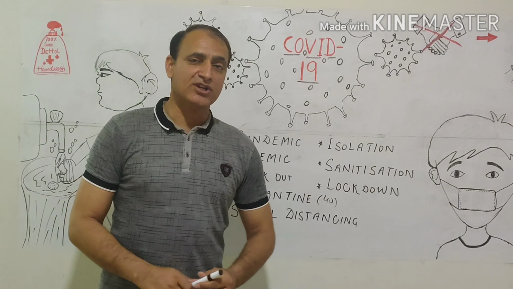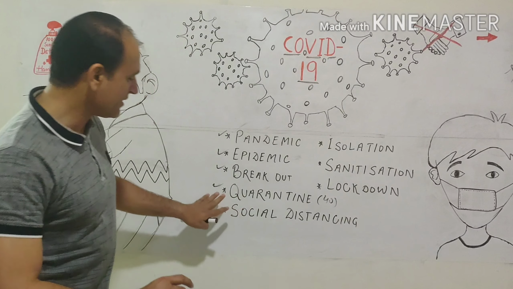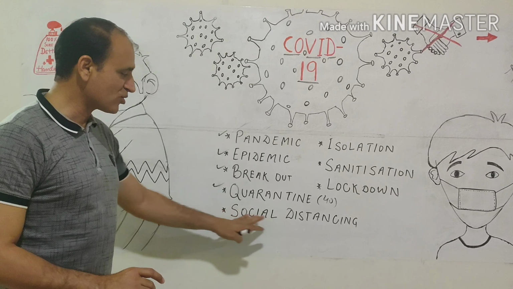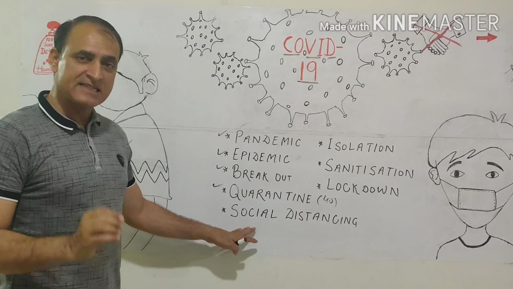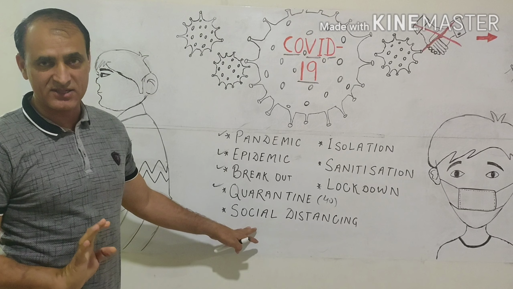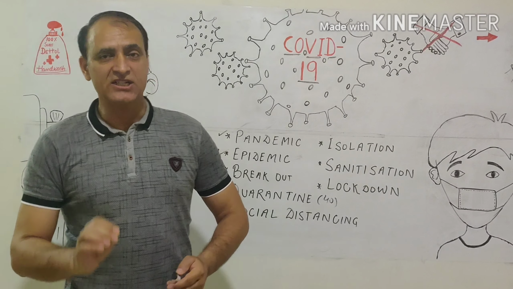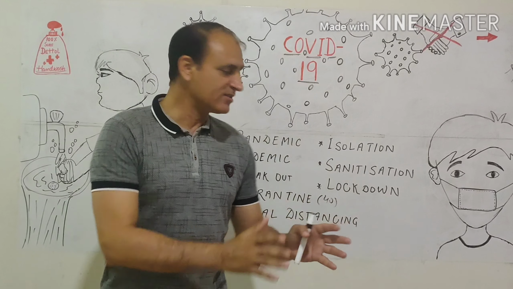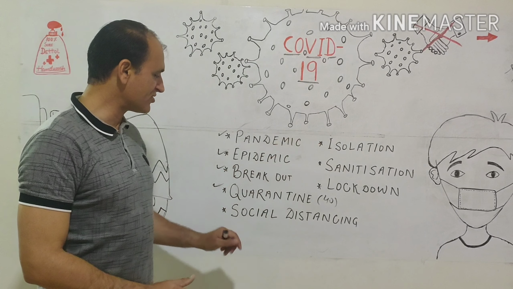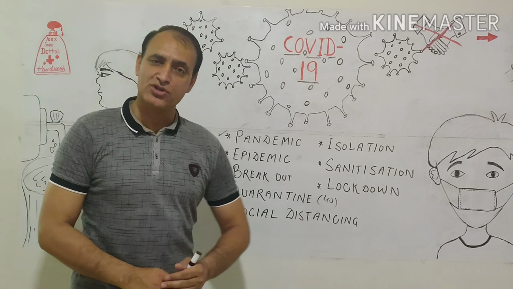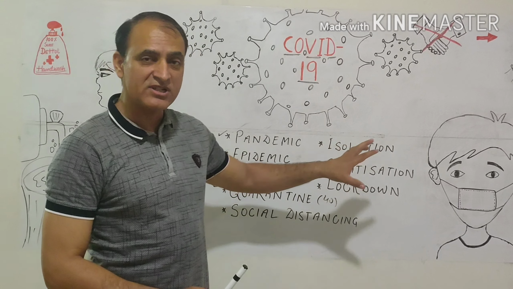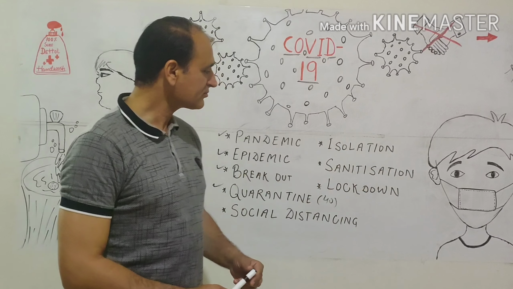But medical isolation means that in quarantine and social distancing, the case is not proved to be infected. But in medical isolation, through tests, it is proved that the person is infected. This is a little difference between isolation, quarantine and social distancing. But the word becomes medical isolation.